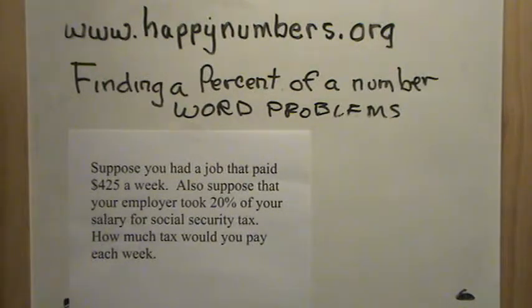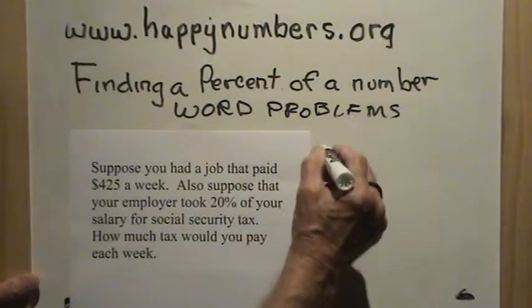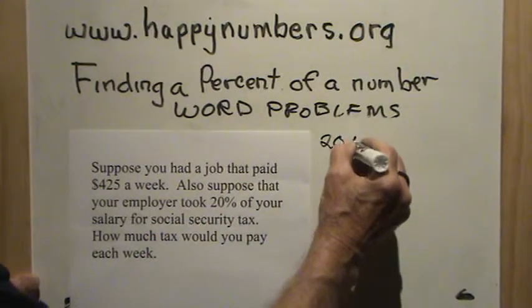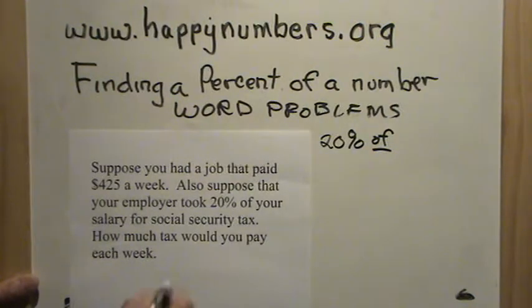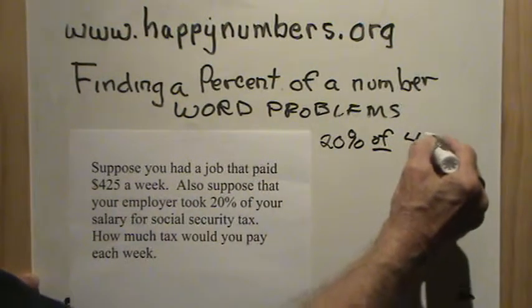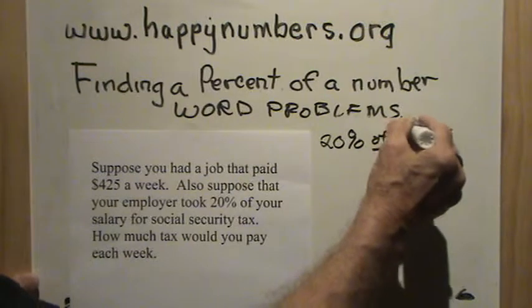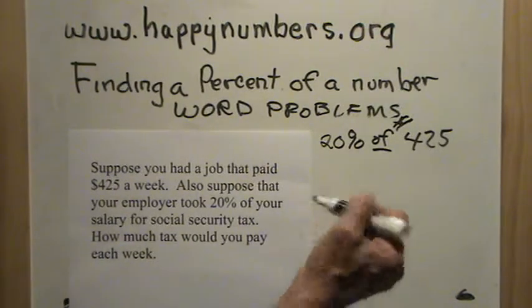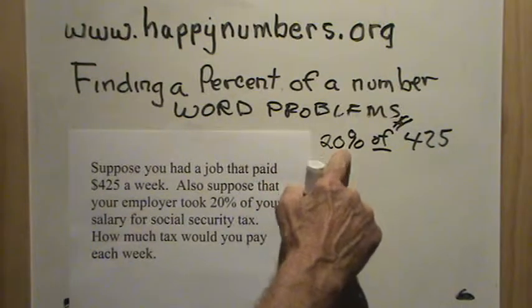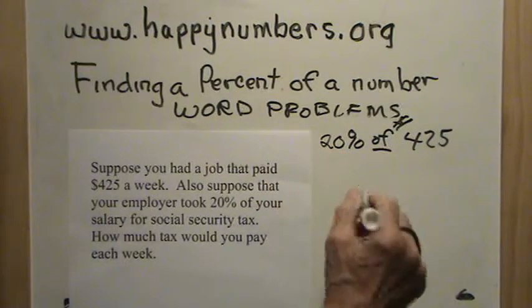Okay, well, this problem is asking us how much is 20% of, and of means multiplication, $425. I'm definitely not going to use the multiply by 100 here. I'm going to change this to a decimal, and we know we do that by just going over 2 places.